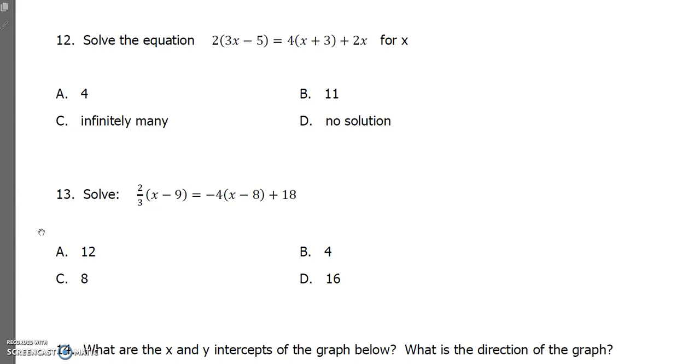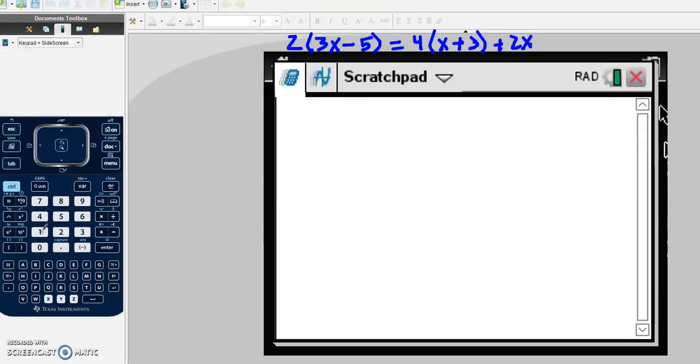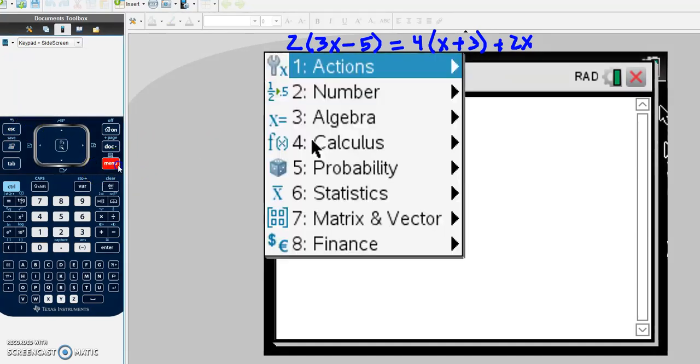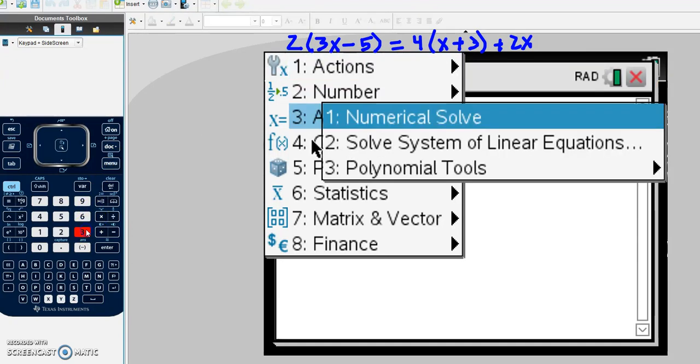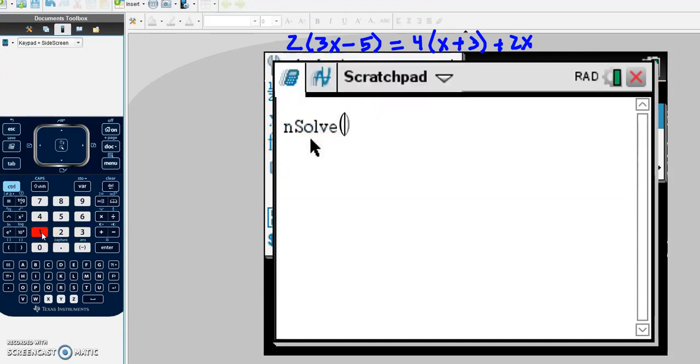So again, let me pull up the calculator. Okay, so I have our problem written above our Scratchpad. So again, let's go to menu, and then we'll hit 3 for algebra and 1 for numerical solve. And let's type our equation in, 2 parentheses, 3x minus 5, close my parentheses, equals 4 parentheses, x plus 3, close my parentheses, plus 2x.